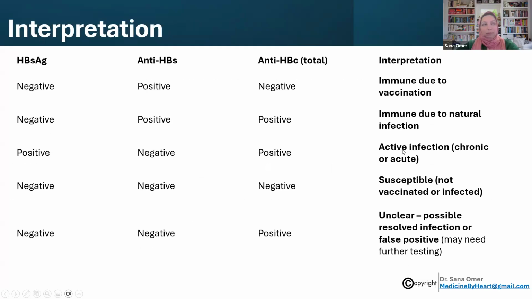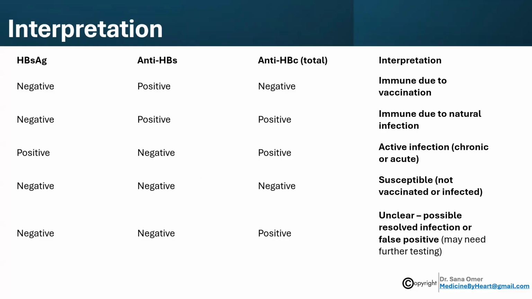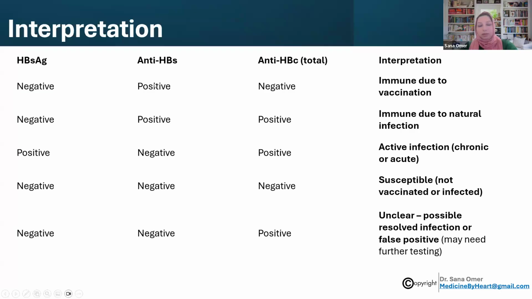Now, moving forward, let's interpret everything. Suppose the patient has hepatitis B S antigen negative, meaning the surface antigen is not there, but antibodies to the surface antigen are present. What does that mean? It means a previous infection has happened or that person has already been vaccinated. If the titers are okay, the patient does not need vaccination again.